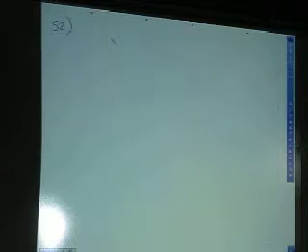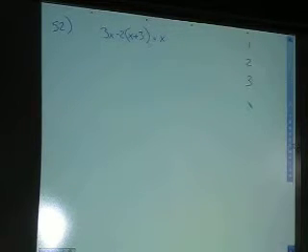On 52, we have 3x minus 2 times x plus 3 equals x. Again, keep in mind all of the equations we've seen in class we can solve thinking about 4 steps. The first step we said is that we're going to get rid of any parentheses by using the distributive property.